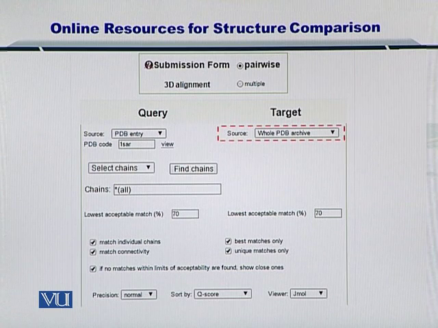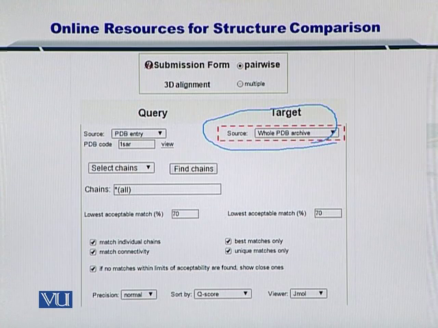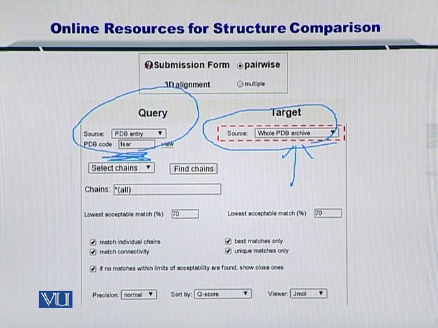For that, the software provides you with setting the source here for the target as the whole PDB archive. If you select the whole PDB archive, then the protein that you have specified here will be compared with thousands of different proteins that are there in the PDB, and those proteins which are similar to the protein of your choice that you have inputted on this side as query will be output.